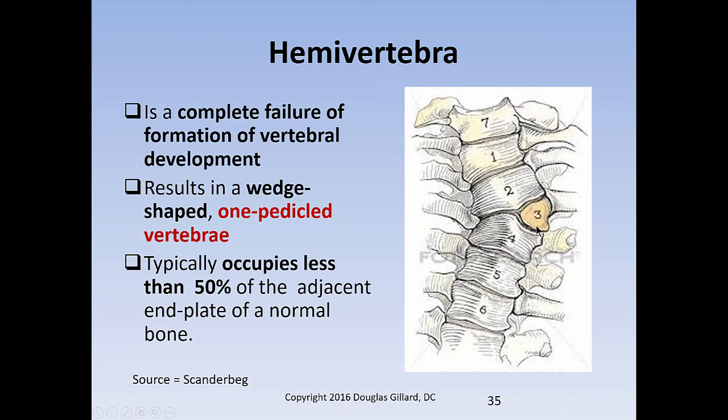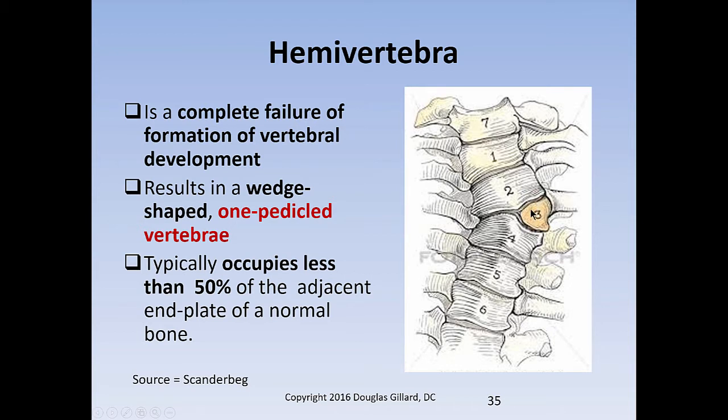We can also use that segmentation, specifically the horizontal segmentation rule, to classify this. So in this cartoon, you can clearly see there's a disc space here, and there's a disc space here. So this is fully segmented. You say this is a fully segmented or normally segmented complete failure of formation, or a hemivertebra that is fully segmented. And that will tell us these are dangerous.